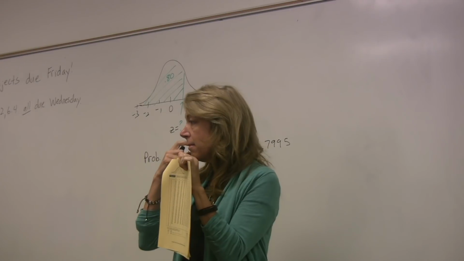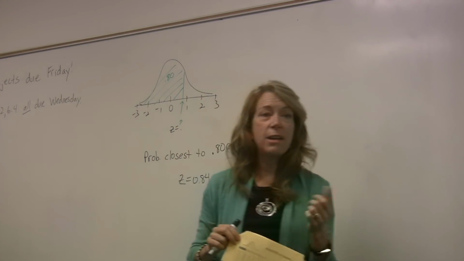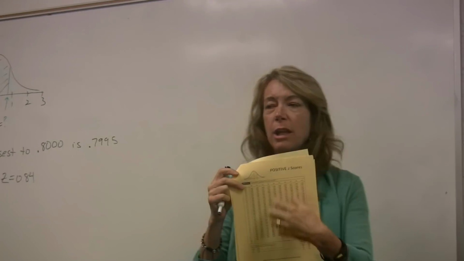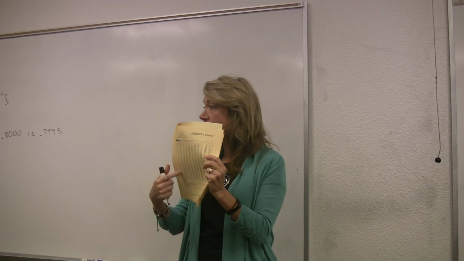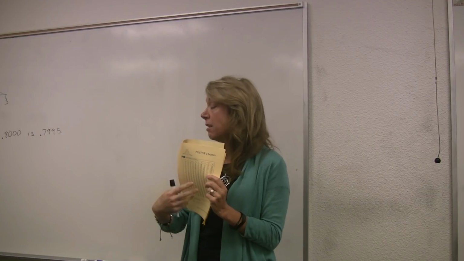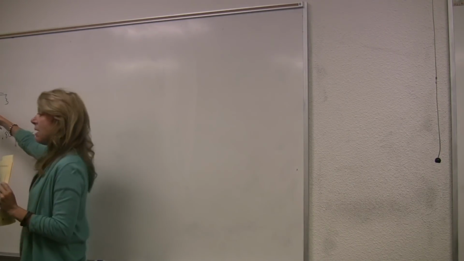Yes, ma'am. How do you know when you look in the middle and when you look on the left side? Good question. She says, how do you know when you look on the edge compared to when you look in the middle? When you know what z is, the z are the numbers in that left column. If you know what z is, you look up your z to find the probability. In this case, we didn't know what the z was. That was the whole question.